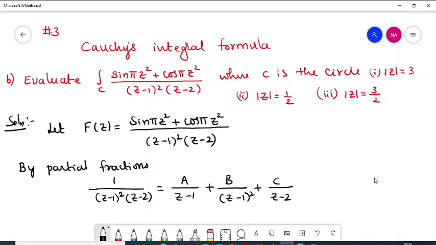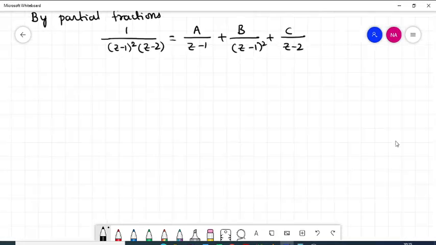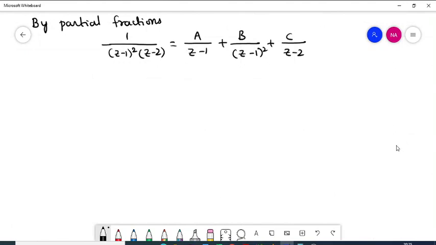So multiply both sides by z minus 1 whole square into z minus 2. Then as usual, multiply all the terms, collect the coefficients of z cube, coefficients of z and other things. You have to do all that exercise. Now I am not going to do that exercise because you are familiar with partial fractions.